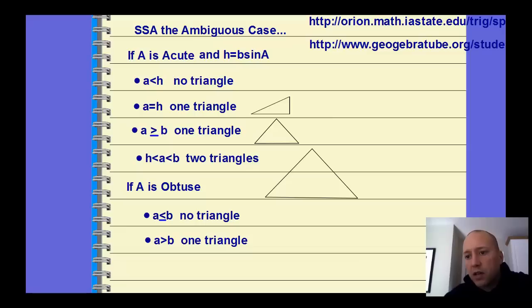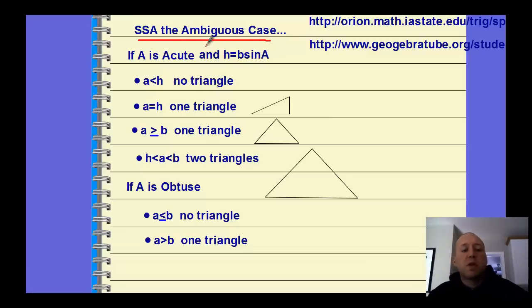Whenever you have the side-side-angle, it's a pain, so you have to go through some extra information about the ambiguous case. Ambiguous means it's unknown. We're not sure what the result will be. So given that A is the acute angle, and you also know the small a is the other side, you want to compare them.